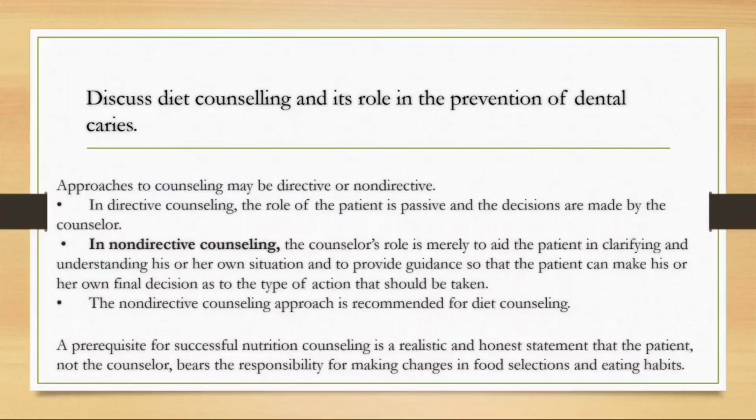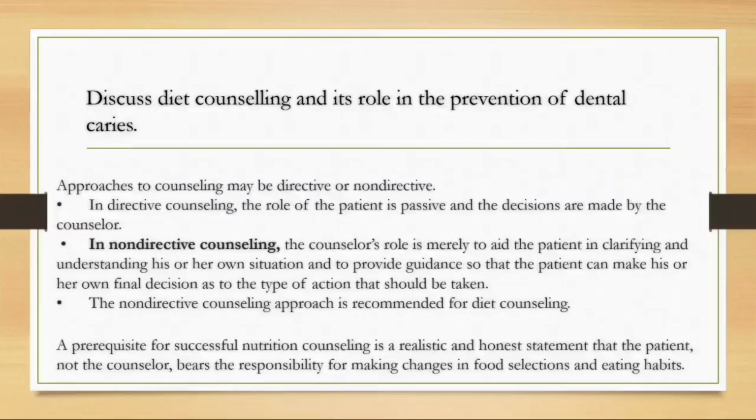Next question is diet counseling and its role in the prevention of dental caries. So diet is one of the key factors causing dental caries. That is, it is a multifactorial disease. Diet is one factor, then time is another factor, host factors are there, bacteria are there.